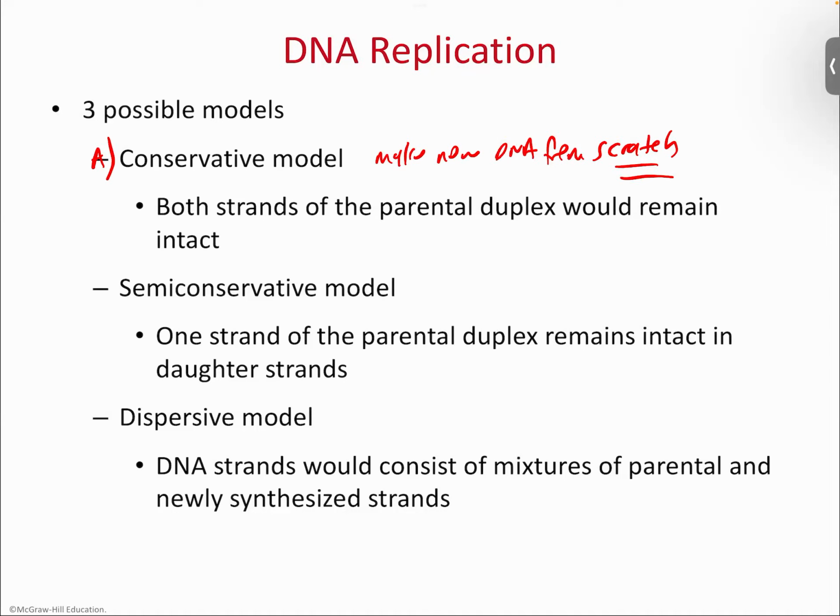But there's a problem with this, right? Where does the information come from to make your new strand?